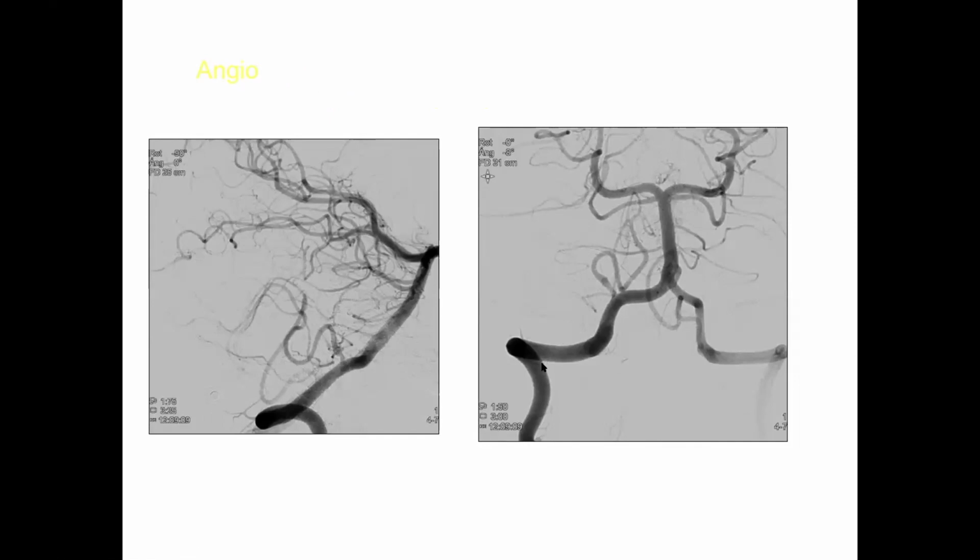And in the angio, you see this dissecting aneurysm in the right PICA. In the 3D reconstruction, the dissecting point is from this part to this part. This is lateral view. It's similar to a blister aneurysm. And it's spontaneous, not traumatic, in this case.